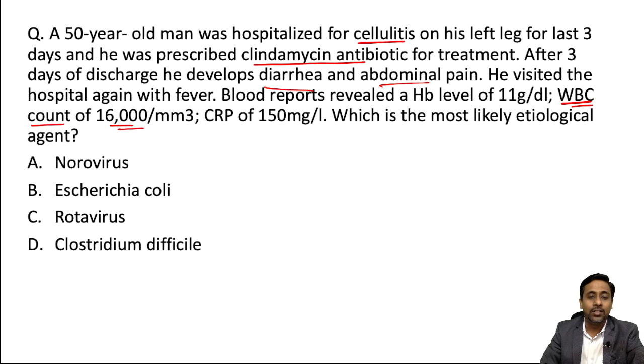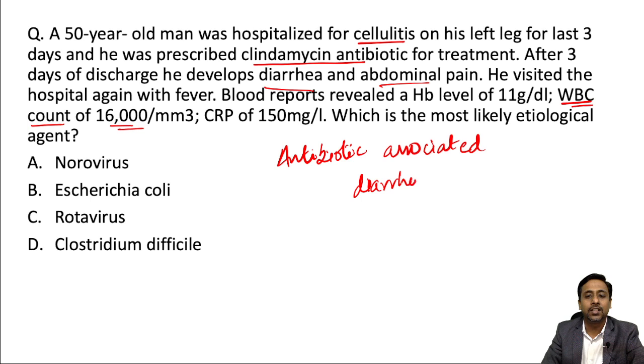As I told you, the diarrhea develops after the antibiotic intake, so it is a case of antibiotic associated diarrhea. And this WBC count is also a clue to which disease.